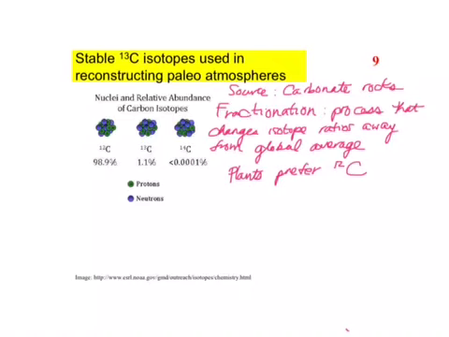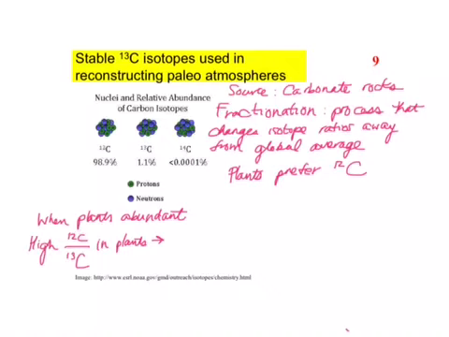When plants are abundant, there is a high C12 to C13 ratio in plants, which means that the rest of the carbon pool globally, so in the atmosphere, is lower. So there's a low 12C to 13C ratio in the atmosphere.